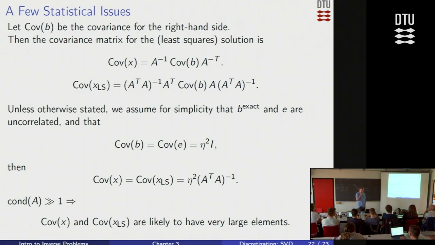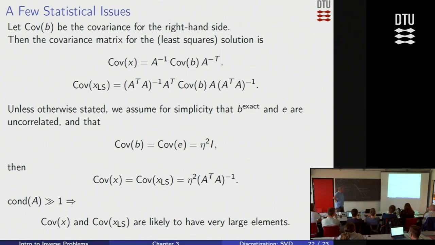And the bad thing here is that for square systems, you multiply with A inverse and also with A inverse transpose, and A is this very ill-conditioned matrix.